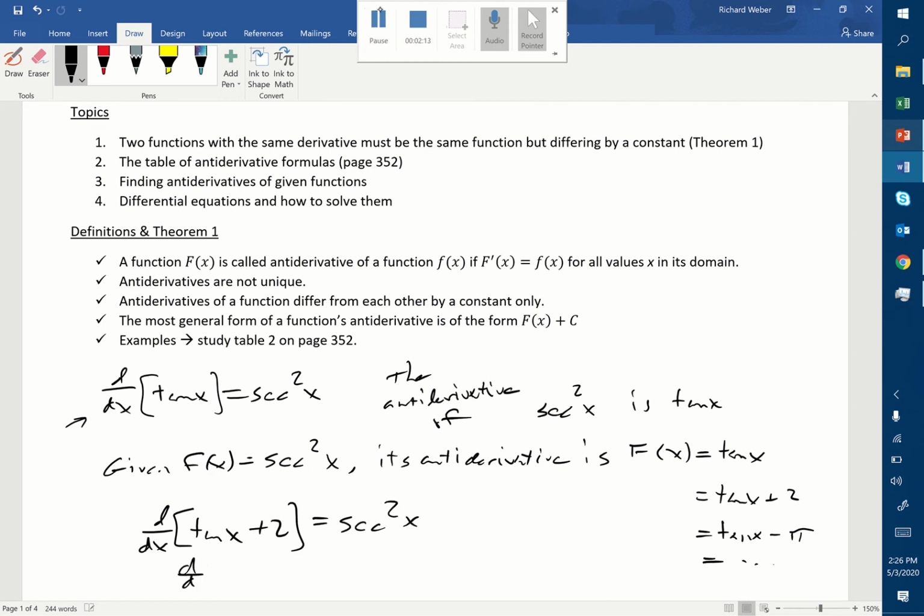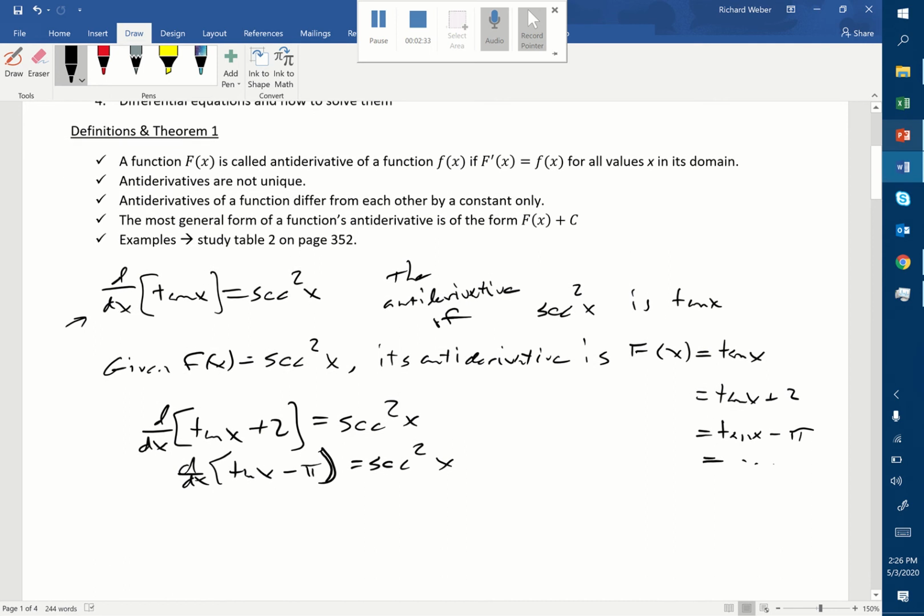If I derive tan x minus pi, I still get secant squared x. So when you say, I've got the antiderivative of this function, the answer is no, you have an antiderivative. We don't know that you have the one we're looking for.